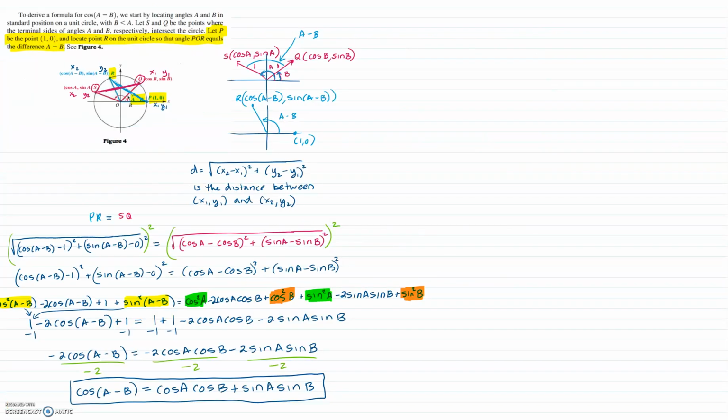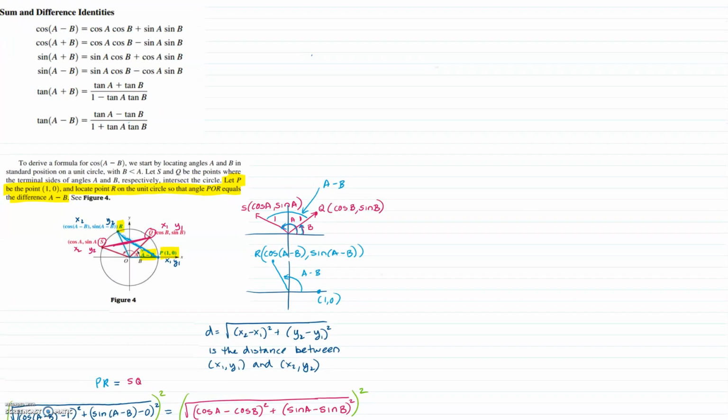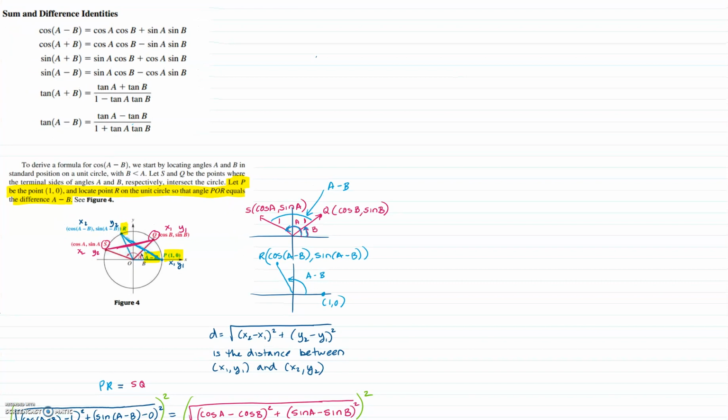And you can see that this is the same formula as what's written on our first line of our formula list. To get cosine of A plus B, that's the most difficult one.